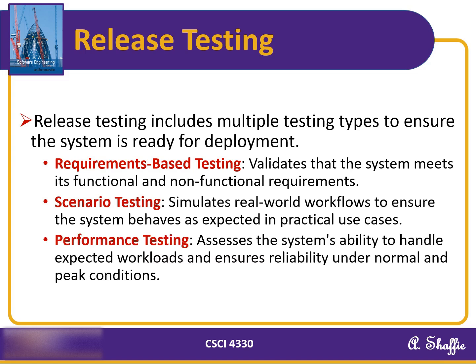Lastly, we have performance testing, which assesses the system's ability to handle expected workloads and perform reliably under normal and peak conditions. Together, these testing types provide a thorough evaluation of the system, ensuring it's functional, reliable, and ready for users before release. In the following slides, I will show you different real-world examples for these tests.